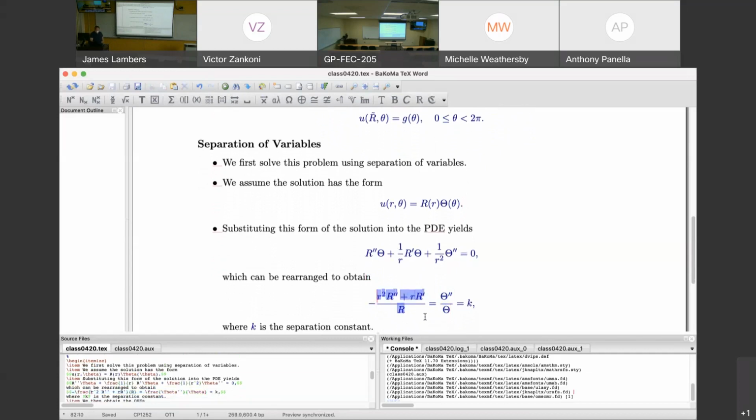This fraction is a function of only little r. This fraction is a function of only little theta. They must be equal for all little r, little theta.